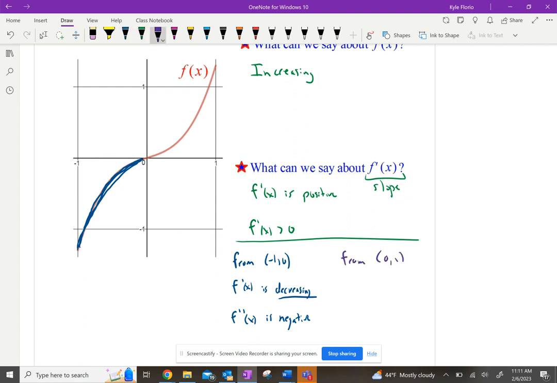From 0 to 1, the function's positive, and so the derivative is going to be positive, and it's increasing more and more. The rate of change is getting even faster, so it's increasing a little bit here, but it's increasing a lot over here, so the slope's increasing. So the derivative is increasing.